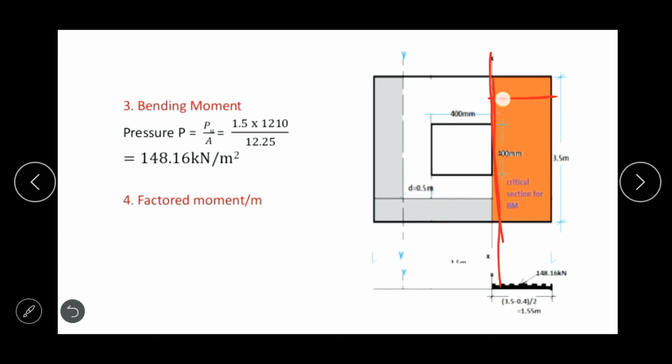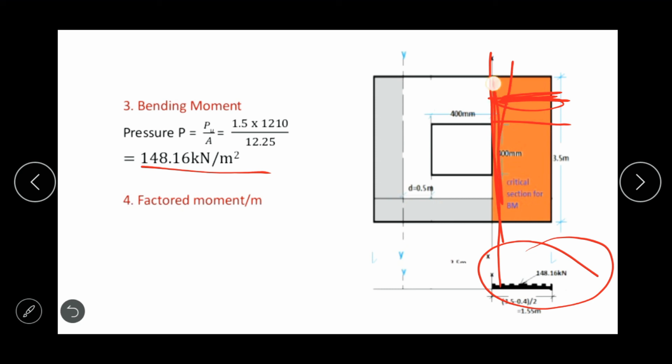So this portion behaves as a cantilever beam, and here the total load is uniformly distributed. 148.16 kilonewton per meter square load is distributed uniformly over this length. So this is the fixed support and this is the free end. And the total load is acting uniformly over this length.